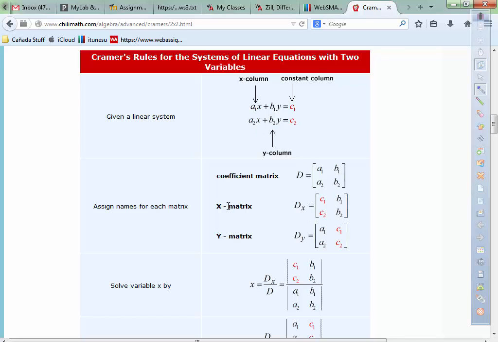And then they construct what they call the X and Y matrices, where they replace one of the columns with whatever is on the output here. So they replace the first column, A1 and A2, with the outputs C1 and C2. And for the Y matrix, they replace the second column, the Y column, with whatever it is equal to on the other side.